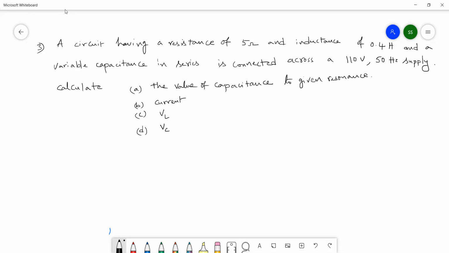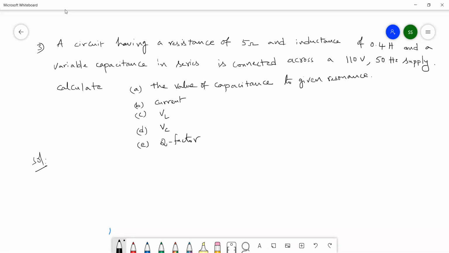Next, VC, and also they are asking the quality factor. So: the value of capacitance to give resonance, the current value I0 or IM, VL, the voltage drop across inductance, the voltage drop across capacitance, and the quality factor.